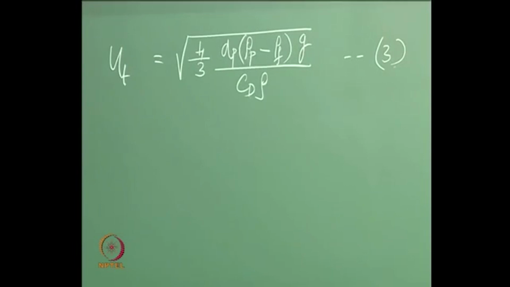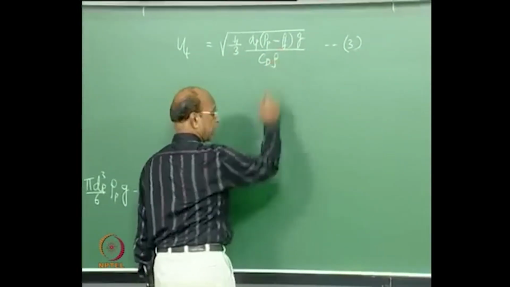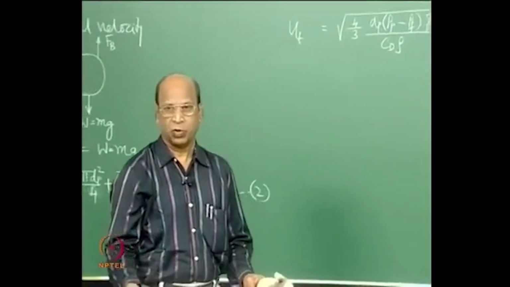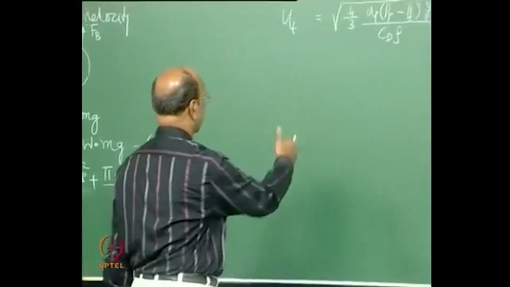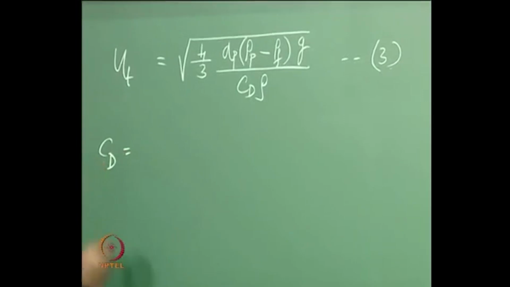Idea is I have to calculate ut: dp, rho p, rho f, g I know, and only Cd I do not know. So for Cd we use a correlation.